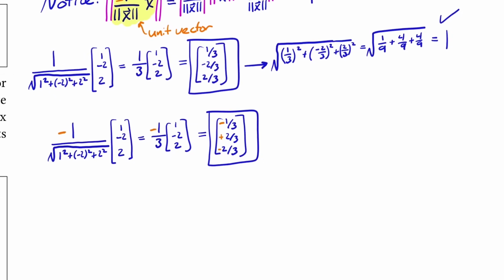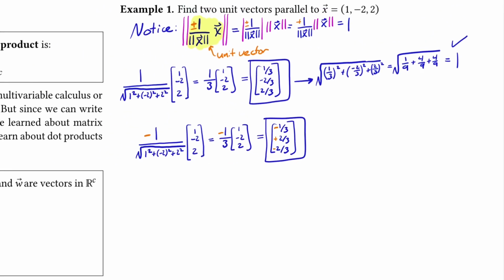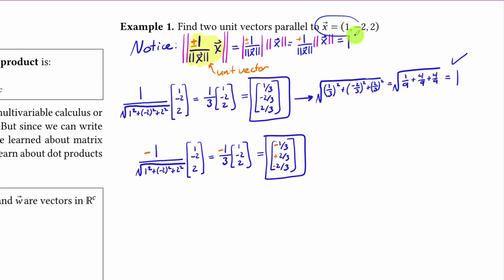The length of them will be 1. So that's how you can take any non-zero vector and get a unit vector parallel to it.